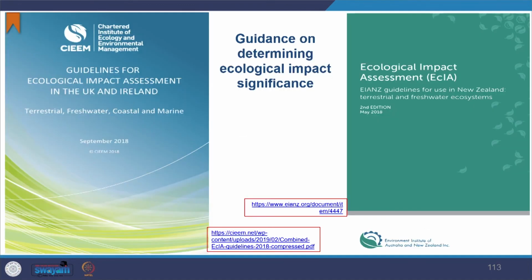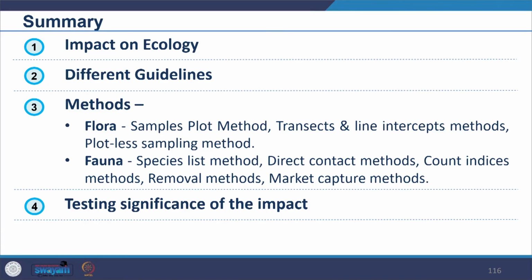You can see some examples in the suggested reading. When you look at impact, you look not only at the negative impact but also the positive impact, and you need to balance the two. The attempt has to be toward net zero impact.